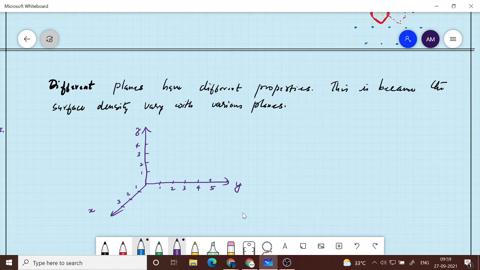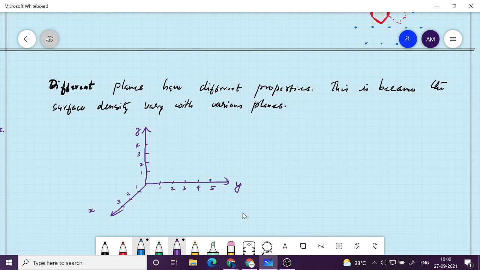Now you can represent the plane, because any plane will cut the x-axis, y-axis, and z-axis at some points. That is how planes are oriented. Either it will cut at a finite value or at infinity. Why I said infinity? Because if you are considering the xy plane, it will never cut the x-axis or y-axis. It is going parallel to it. So the x-intercept and y-intercept for the xy plane is at infinity. But definitely we can talk about intercepts for all the planes.